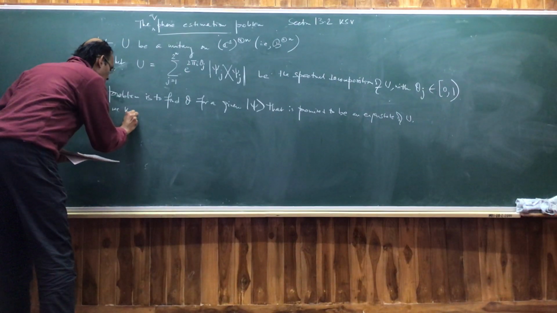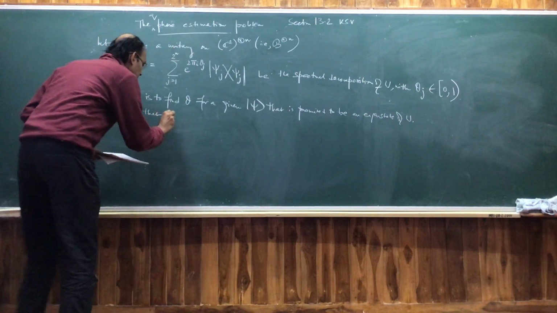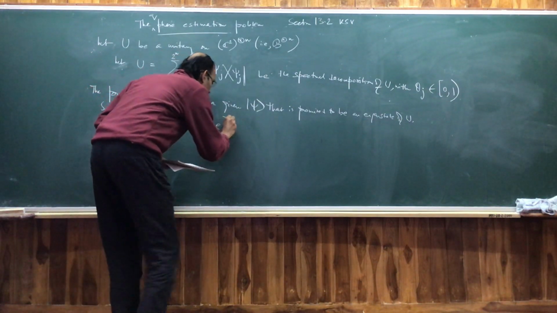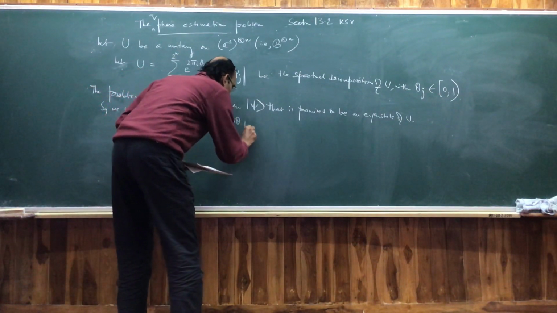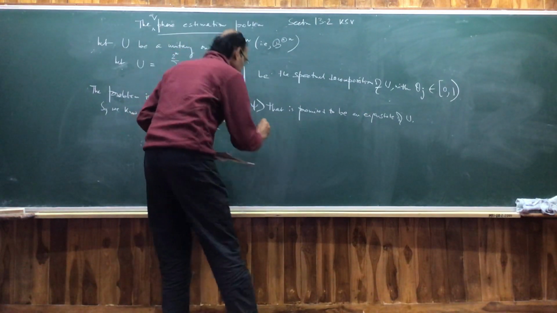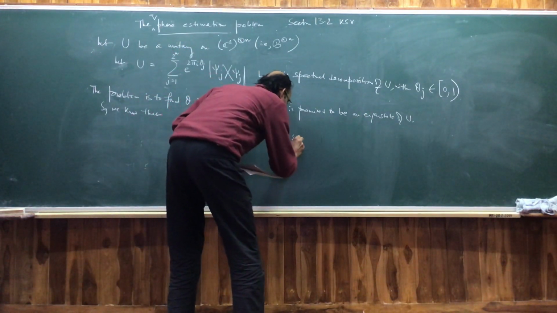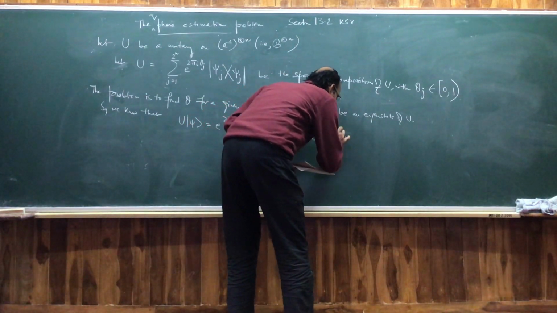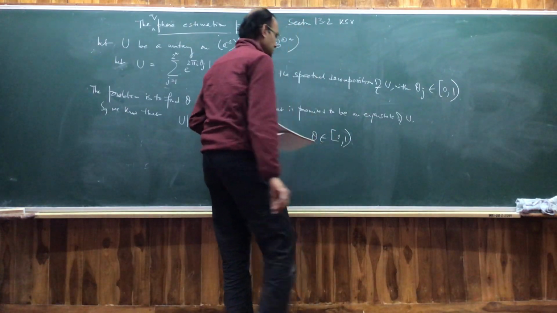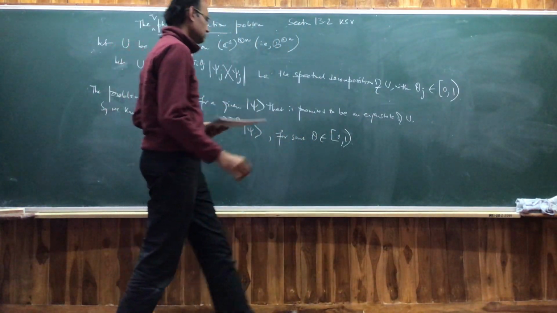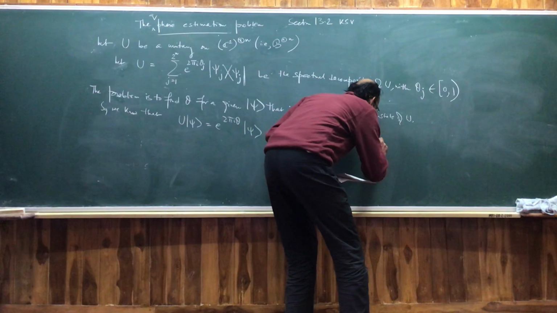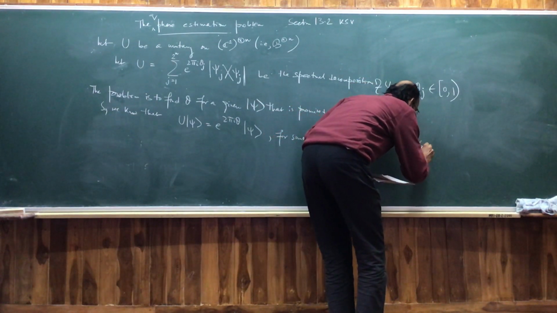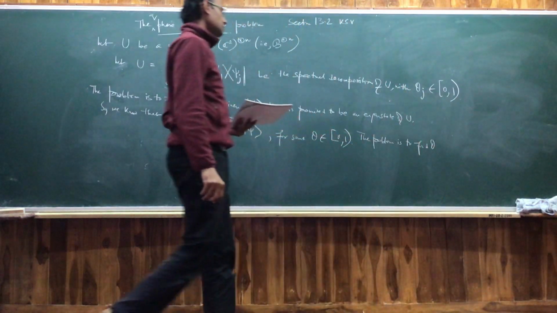So we know that U psi is e power 2 pi i theta psi, for some theta belonging to [0, 1). The problem is to find theta.